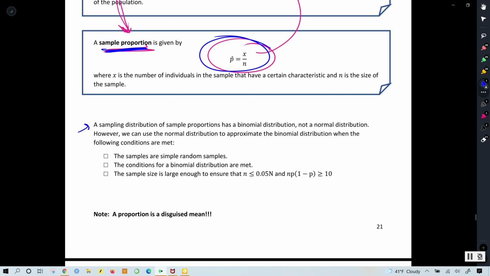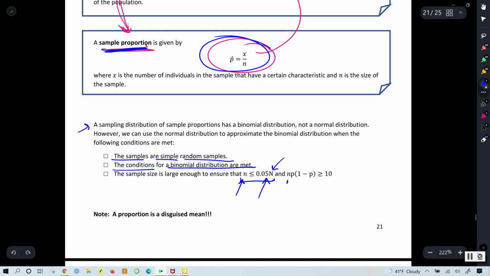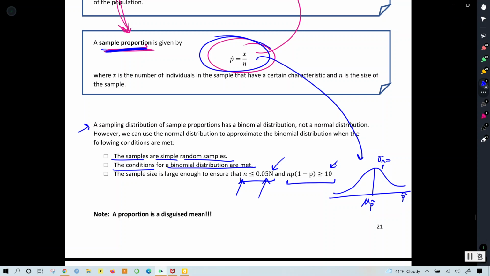First of all, as long as the samples we are selecting are simple random samples and the conditions for a binomial distribution are met, and in particular, the sample size is less than or equal to 5% of the entire finite population, and NP times 1 minus P is at least equal to 10, we can say that the distribution of your P hat can follow approximately the normal distribution, which means we'll need a measure of center, the mean, and we'll need a measure of spread, the standard error. More on that in a little bit.